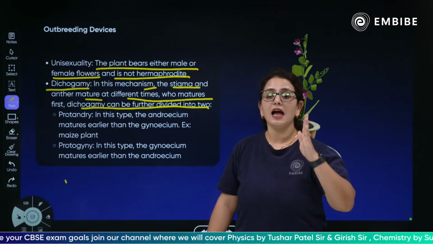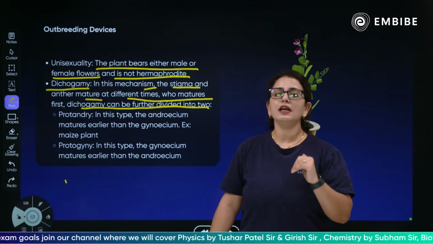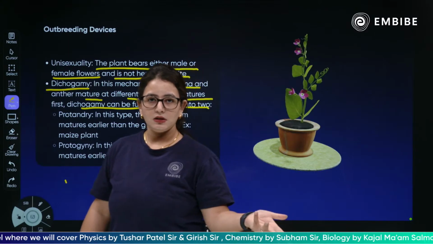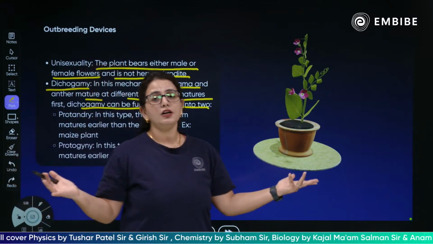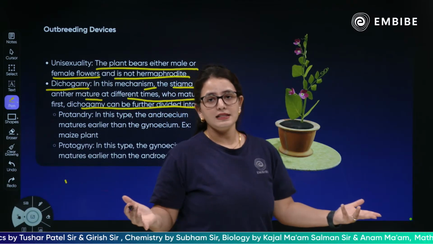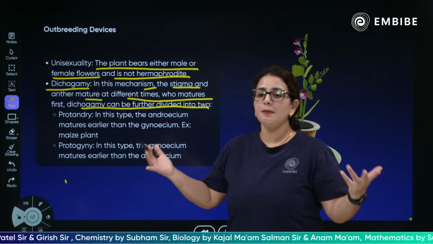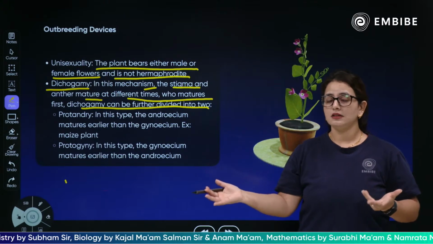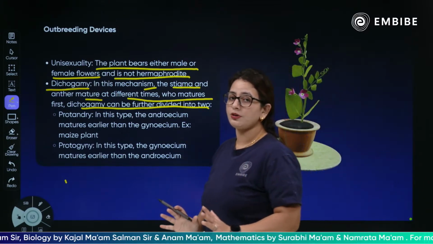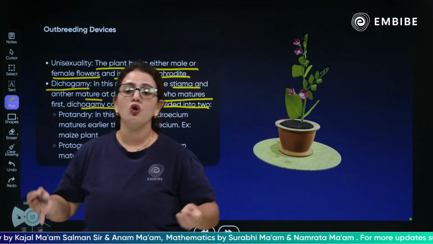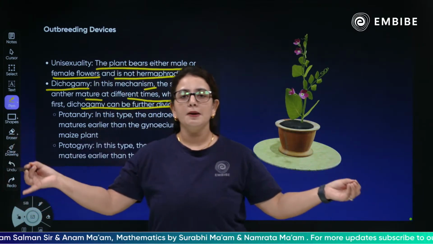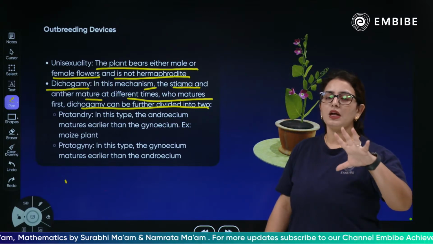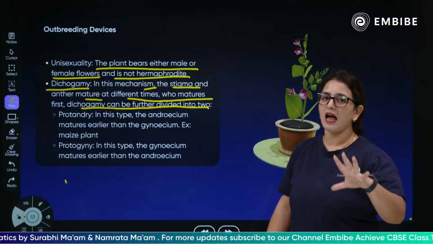By having dichogamy. The anther, the male reproductive part, might mature first and the stigma is not ready to receive the pollen grain. Or maybe otherwise: the stigma is receptive to the pollen grain, but the anther is not mature enough to produce the male gametes.